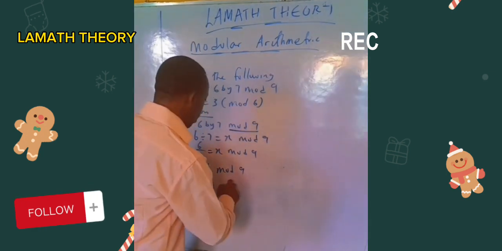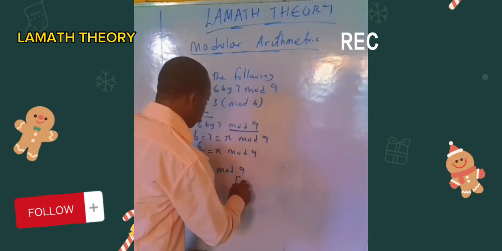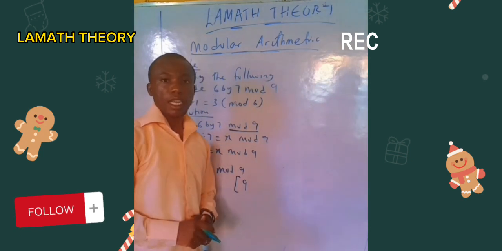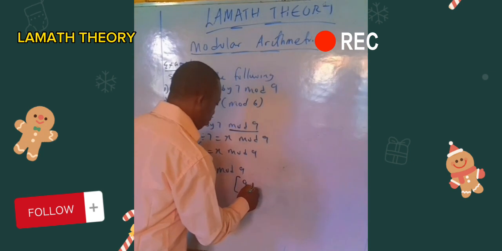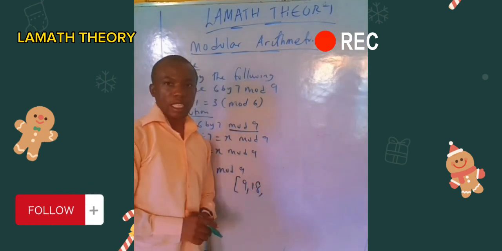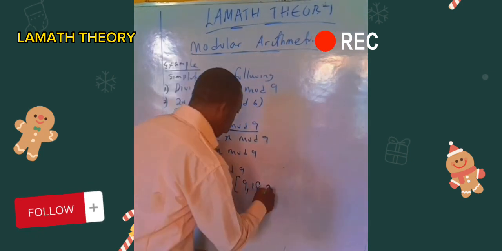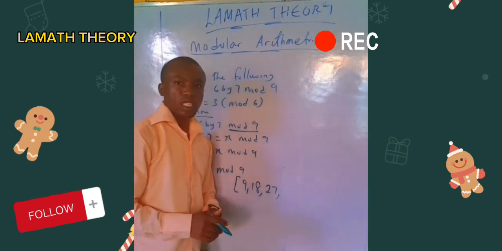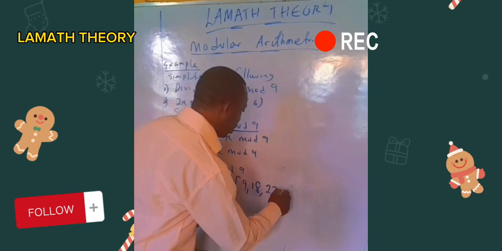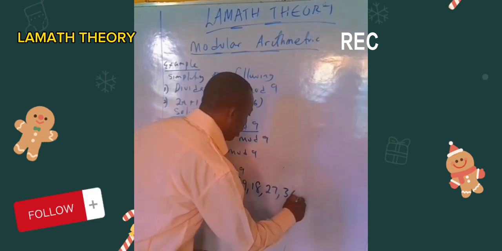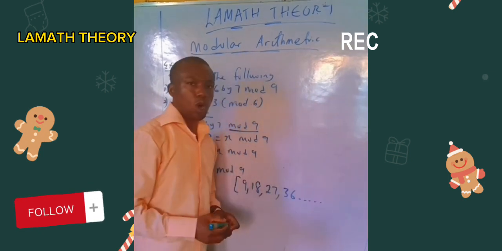Now, what are the multiples of 9? The multiples of 9 start from 9 itself. Now, 9 plus 9, that is 18. 18 plus 9, that is 27. Now, 27 plus 9, that is 36, and so on.